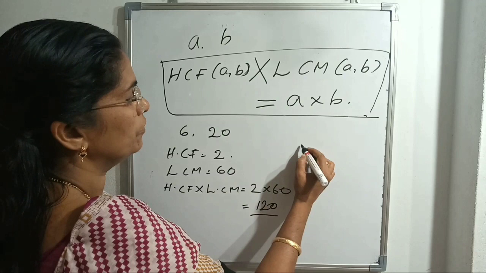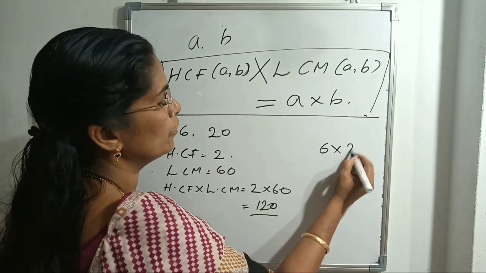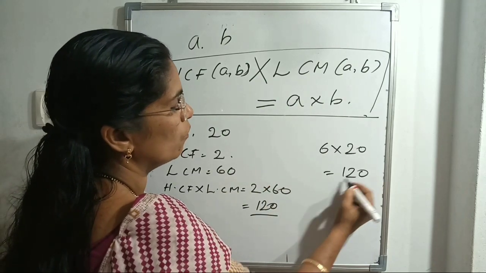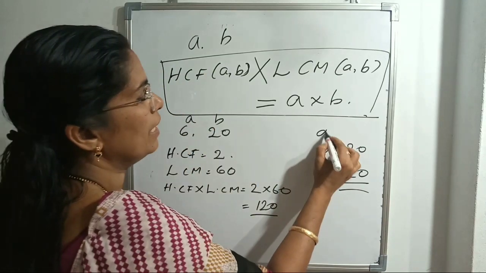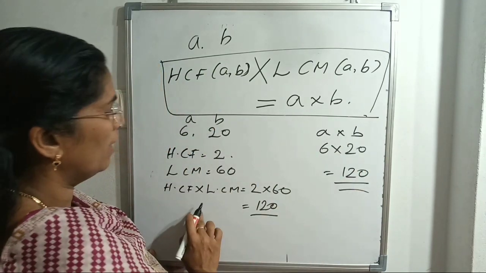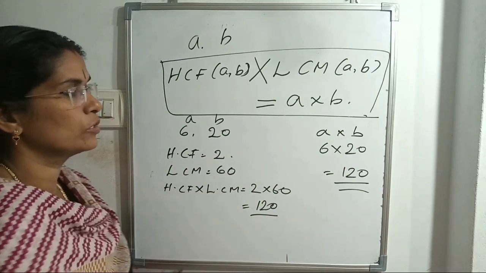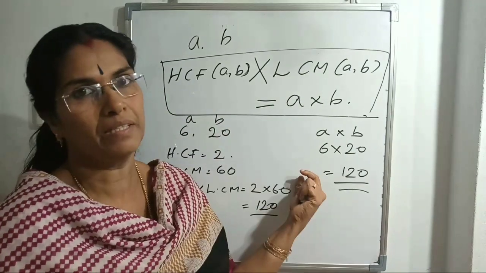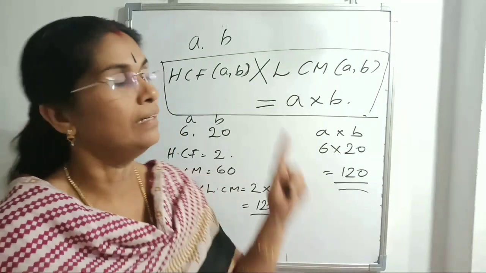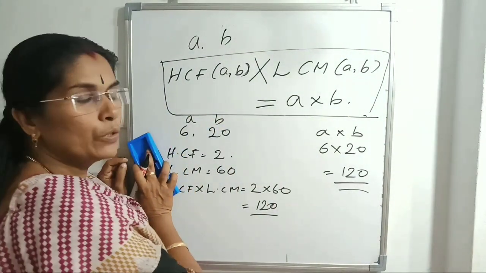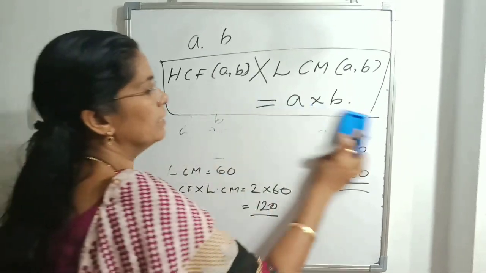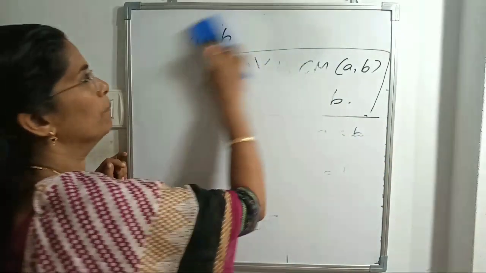And the same we have to find the product of two numbers, 6 into 20. This also is 120. So we are taking this as A and this is B. So A into B is equal to 120 and HCF into LCM is also 120. So it is satisfied. So you have to learn it by heart. HCF of A, B into LCM of A, B is equal to A into B. This is product of two numbers.